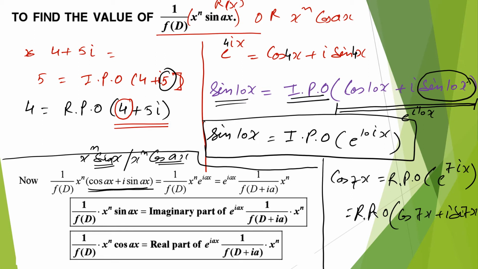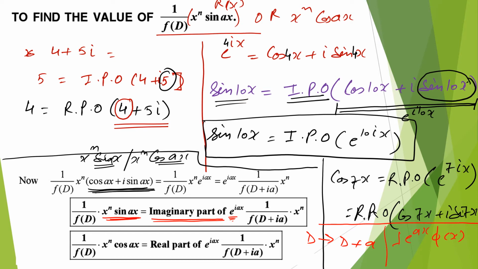If it is x to the power n sin ax, then it is equal to the imaginary part of e to the power iota ax, and to solve this, we replace D by D plus ia. This is the rule we already studied previously for the PI, for the e to the power ax into function of x case.